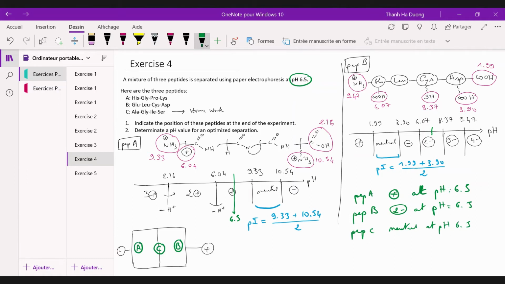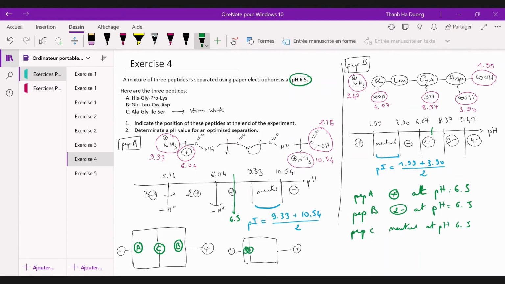Okay? So it's very important to know where you put your mixture. Because if, for example, I put my mixture here on the left side, it will not be possible to separate the C and the A, because the C stays here because it's neutral, but the A will probably move only a little.